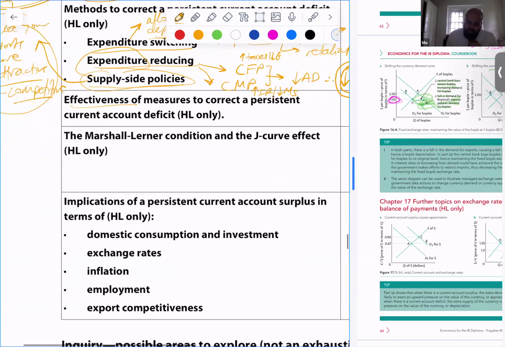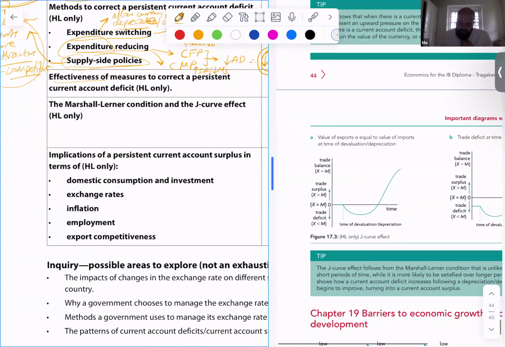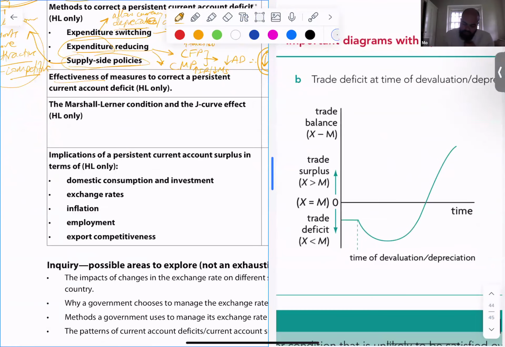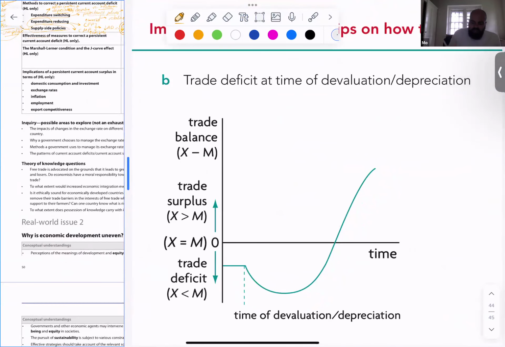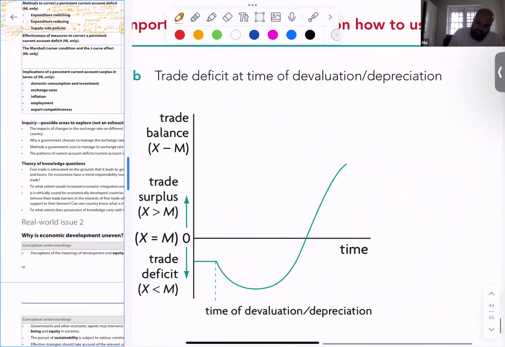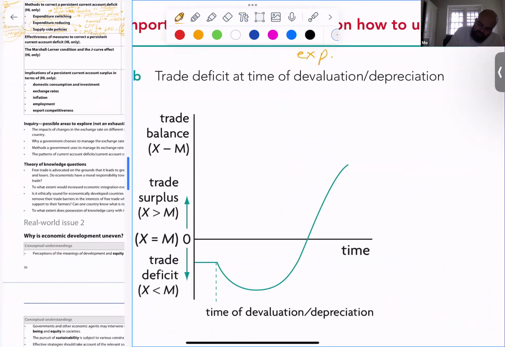So, Marshall-Lerner and the J-curve effect. Remember when we said one of the expenditure switching policies is devaluation or depreciation?